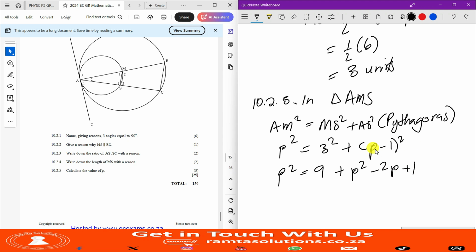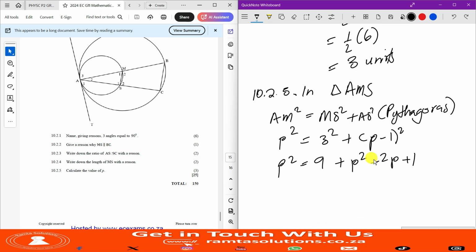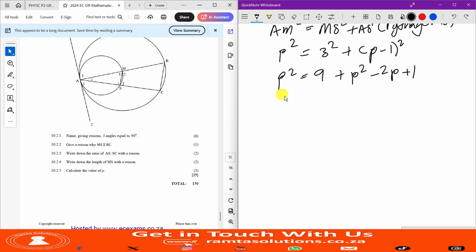Remember, this one here becomes P squared minus 2P plus 1. All right, good. So we have 2P equals 10. Therefore, P equals 5 units.